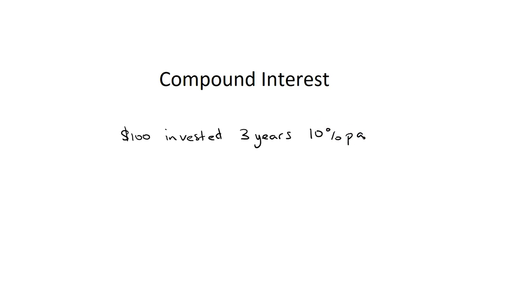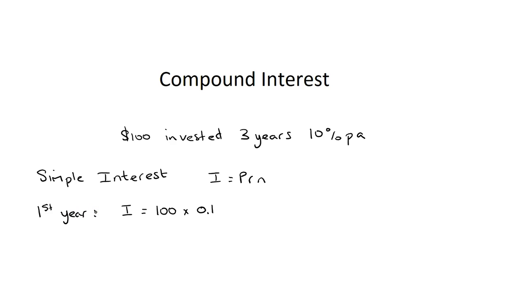Now, first of all, let's start with the simple interest, and let's look at what happens on a year-by-year basis, and then we'll compare that with the compound interest. So, at the end of the first year, I equals PRN. The principal was $100, the rate at 10% per annum is 0.1 as a decimal, and N is 1 year, since we're just doing the first year here.